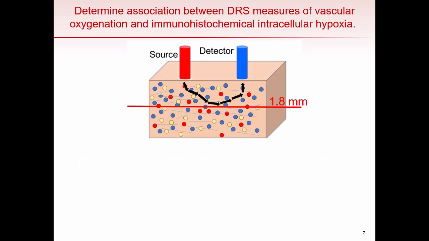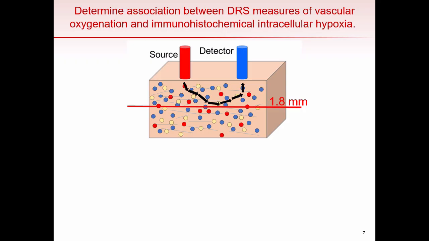So for our first goal, we used an inverse lookup table-based model to characterize the oxygen saturation that diffuse reflectance spectroscopy is picking up. The distance between source and detector that we used in our probe is 2.25 millimeters, and we measured the sampling depth of that to be 1.8 millimeters.